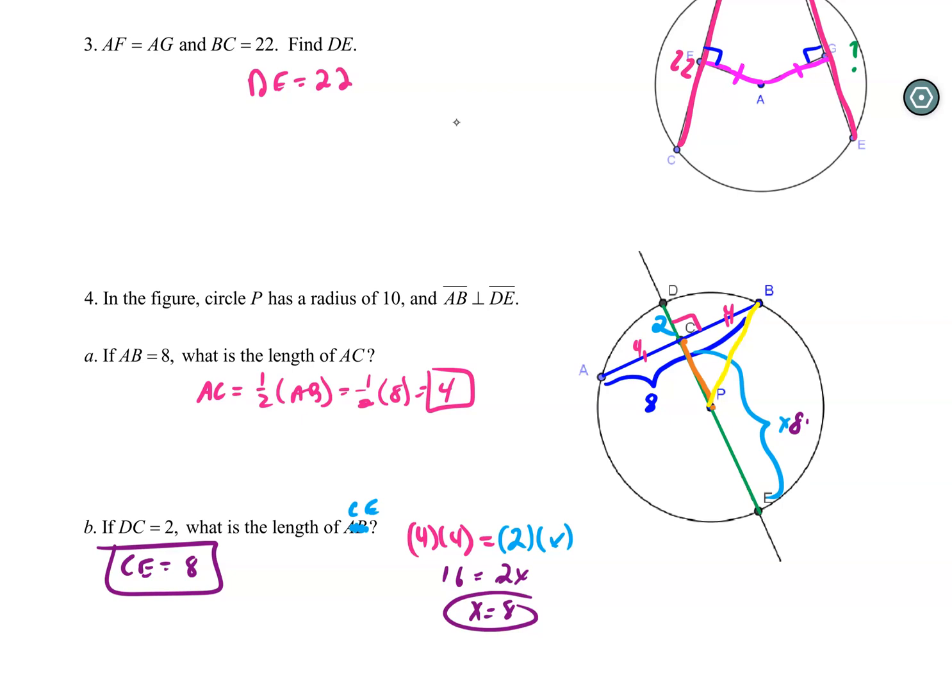If you don't, let's say you know the other two pieces here, like this was 4, and you know what CP is, you could use the Pythagorean theorem to find the third, because we know it's a right angle. So there are a lot of different ways you can do it, and it all depends on what information is given to you. But it's important for you guys to be able to see it and understand and know that it's a possibility.